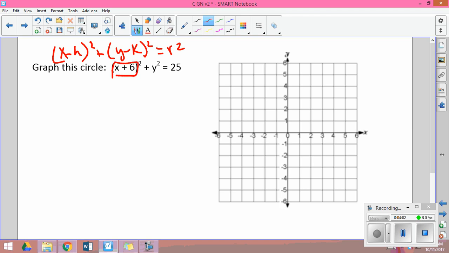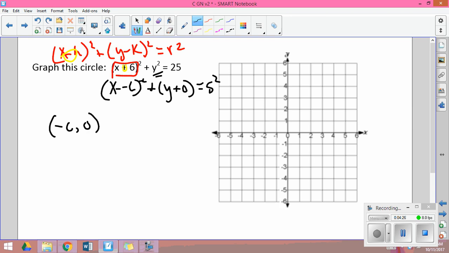Here's that situation where it says plus, but my formula is minus, so I want to think about this as x minus negative 6. There's nothing with this y, so what does that mean? Well, that means it's really a 0. And what's the square root of 25? It's 5 squared. So my center is at (-6, 0), and my radius is 5.